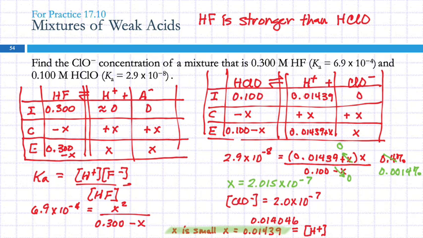Now that we did it, let's look and see, well, how much did the weaker acid contribute? Well, it contributed this much. I'm sorry, that's from the stronger acid. It contributed the x here. If I add x onto that number, it doesn't make any difference. So the pH is going to be the same, but if I calculate the anion here of the weaker acid, I have to do 2 ice tables.